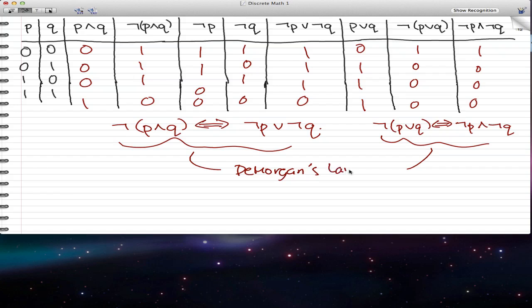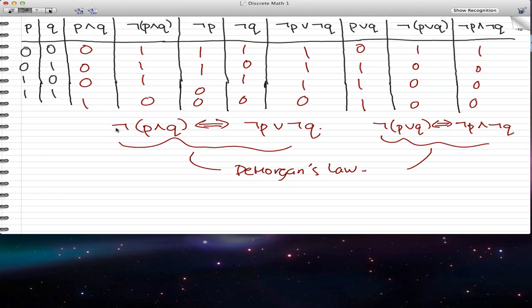DeMorgan's law. So what we did here, you can think of this negation symbol as a negative sign, and this P and Q as A and B. So what you're pretty much doing is taking this negation symbol and expanding it within this little formula that we have here.